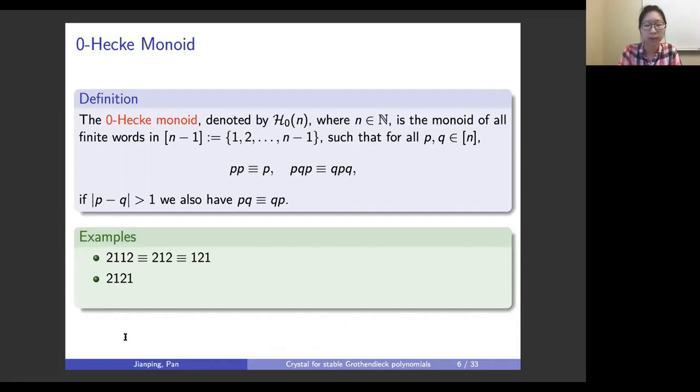We can, for example, first apply a braid relation to convert the 212 into 121, then crush the two ones at the end, and get 121 or 212. You can see that 2112 and 2121 are equivalent because they both equal 121 or 212. And they both have one extra letter compared to the shortest possible. So 121 is a reduced word. 2121 or 2112 are not reduced because we can make them even shorter.